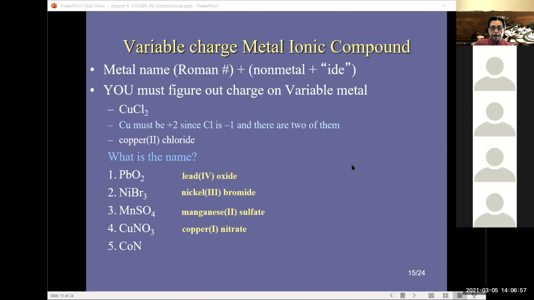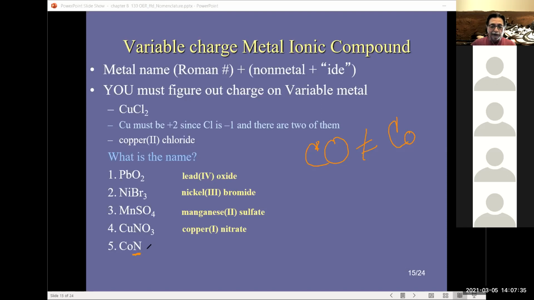Let's see, do we have one more? Okay. Now, I got cobalt, Co, not to be mistaken with C uppercase O. Co does not equal C little o. C capital O is carbon monoxide. C little o is cobalt. So I got cobalt, and lo and behold, I got nitrogen.